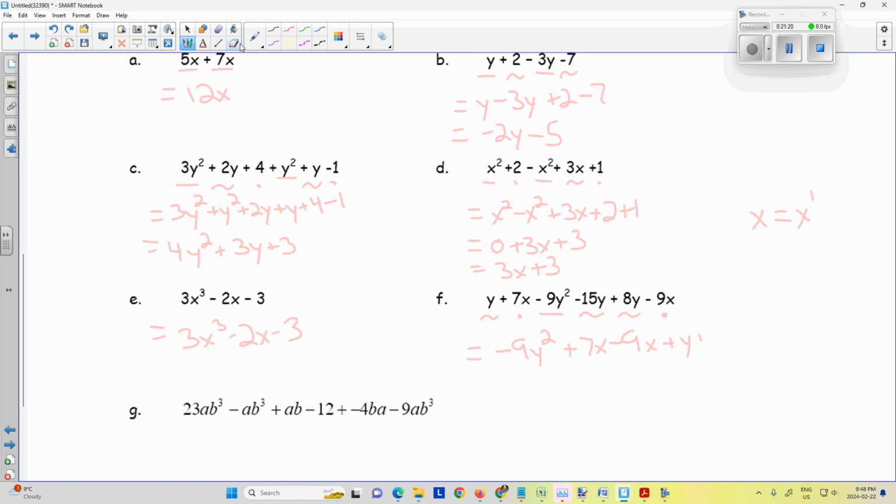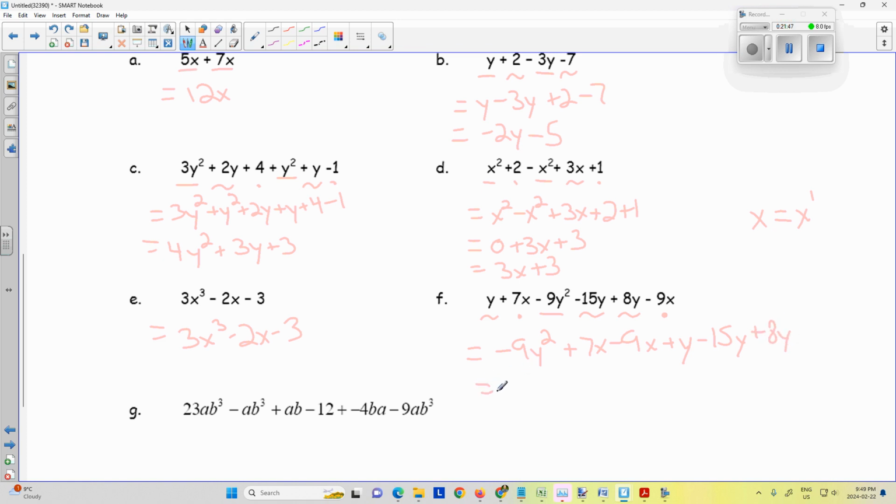That should be a minus. Let me change that. That's a terrible y. So this is going to be a plus y minus 15y and plus 8y.